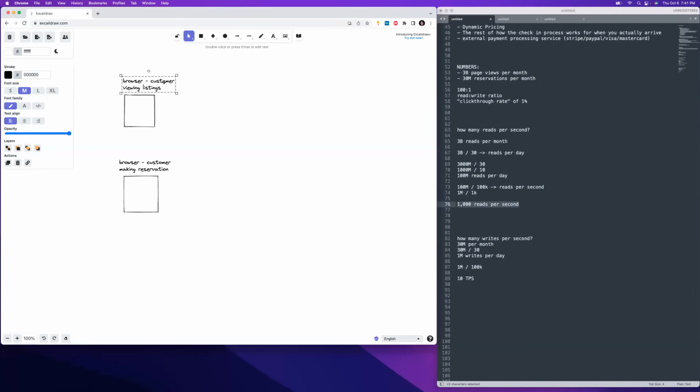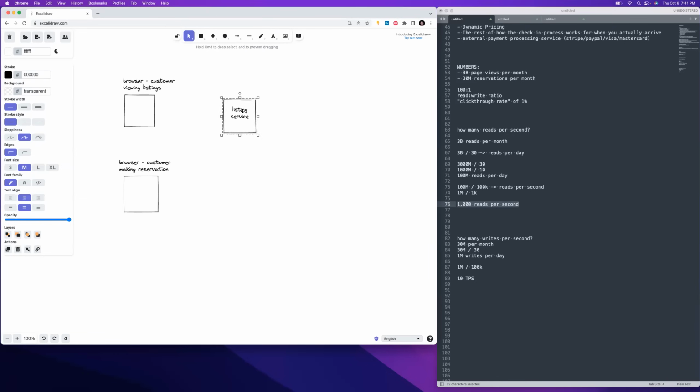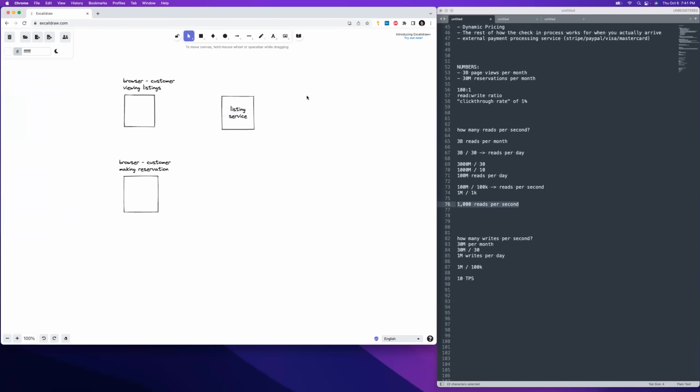And both of those are going to have their own backend microservice. So we are going to have the listing service, and we're also going to have the booking service.